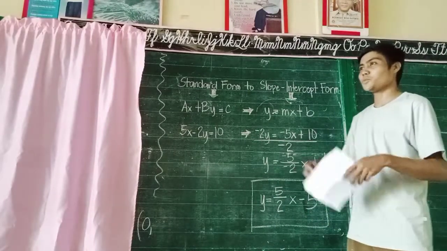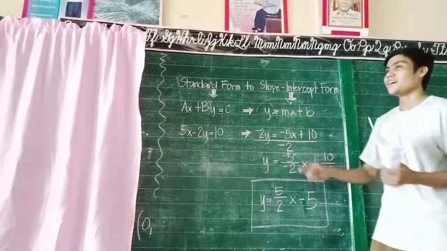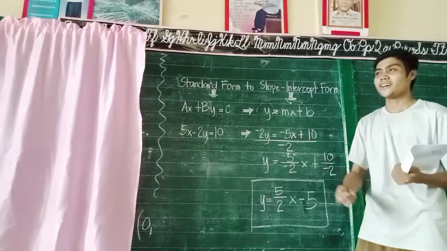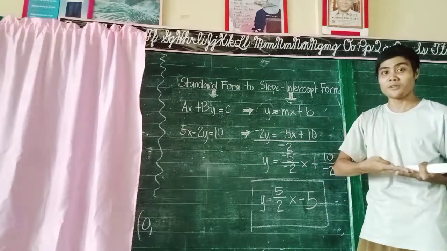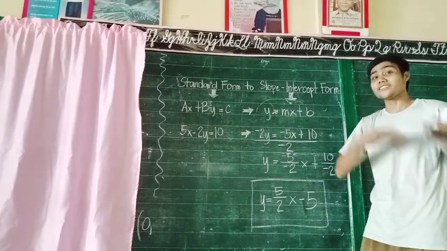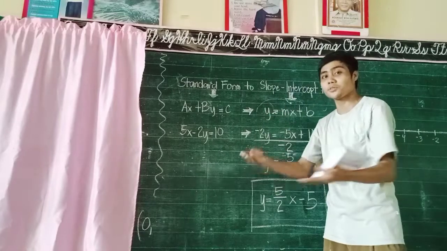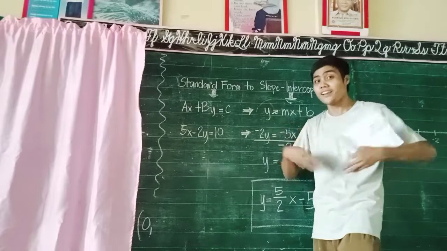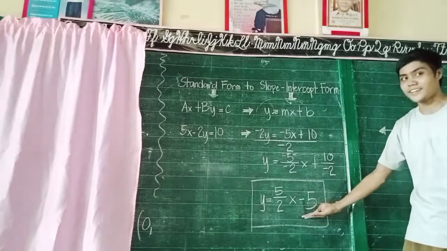If we divide positive and negative, we would refer to positive as good and negative as bad. So positive divided by negative, they do not agree, so it is negative. So we have the negative 5.